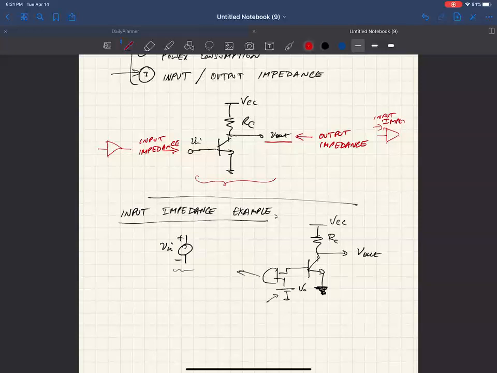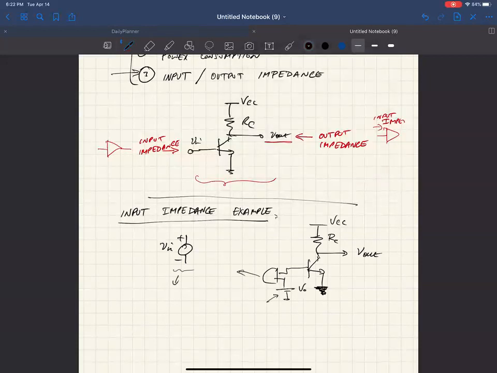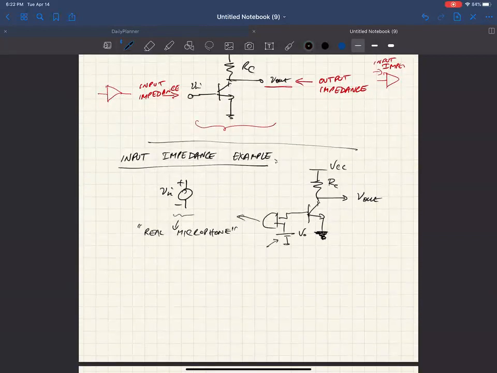What you would end up with is some kind of an output impedance, some kind of an output resistance. So what it would really look like is a real microphone, quote unquote, because we're really simplifying this thing. It's Vm plus or minus, and then there is some output impedance, some output resistance that it has.